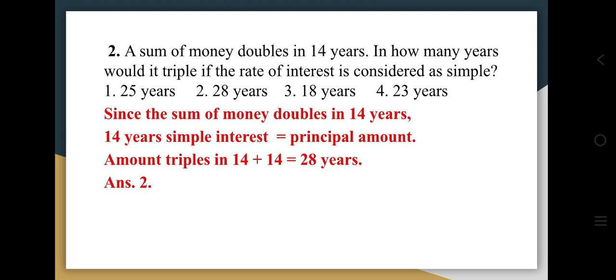But interest for 14 years is the principal amount, and we want interest for 2 times the principal amount. So the amount triples in 14 plus 14, that is 28 years. So the answer is 2.